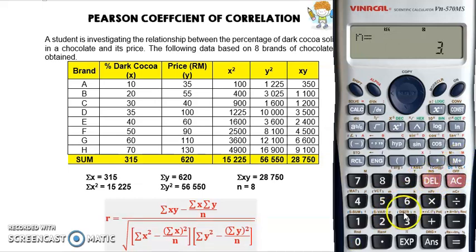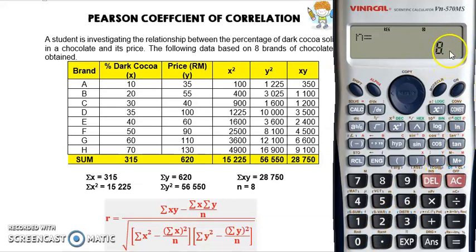30, 40, 35, 100, 40, 60, 50, 90, 60, 110, and the last one, 70, y is 130.